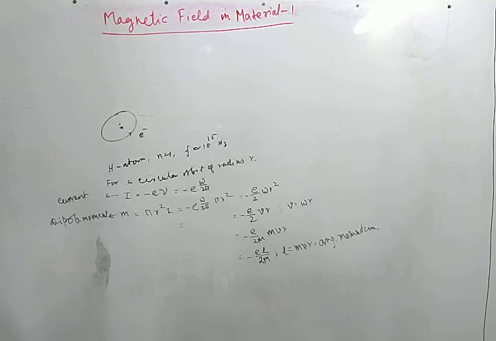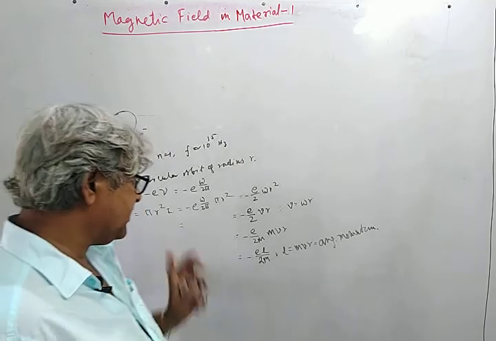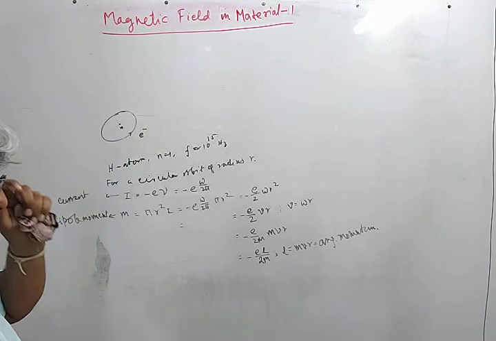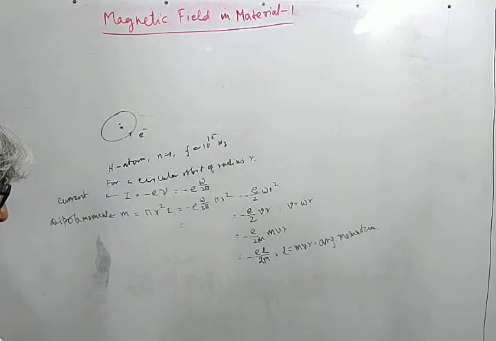So it is found that the dipole moment of the electron orbiting around the nucleus is related to the orbital angular momentum. This is the classical relation valid for an electron moving in a circular orbit.